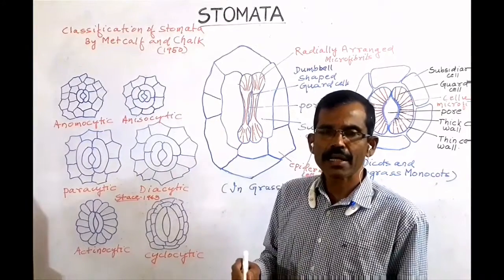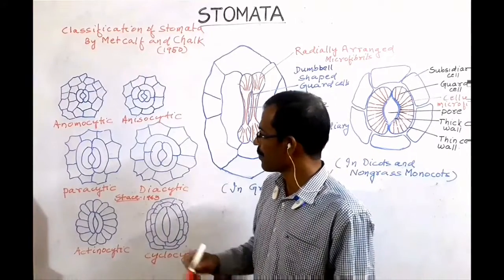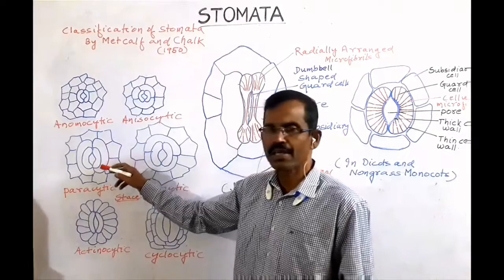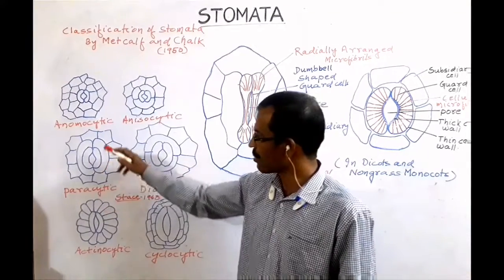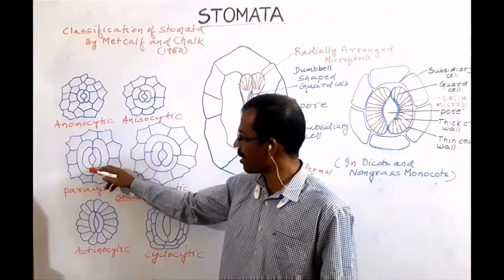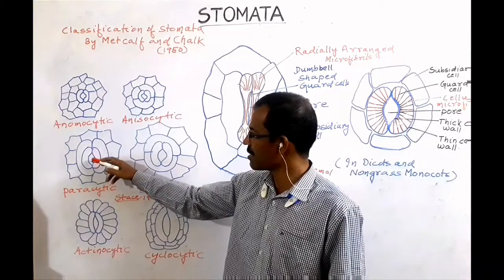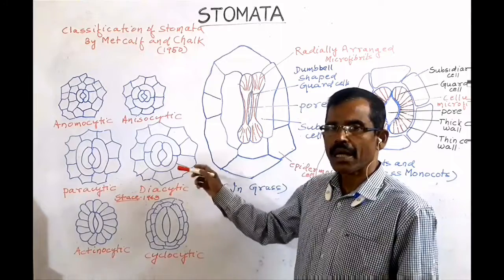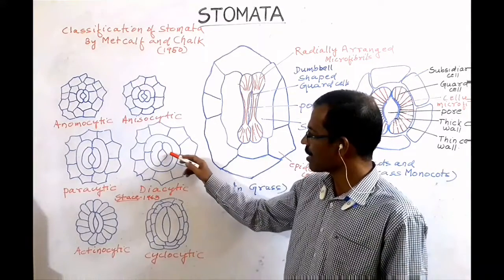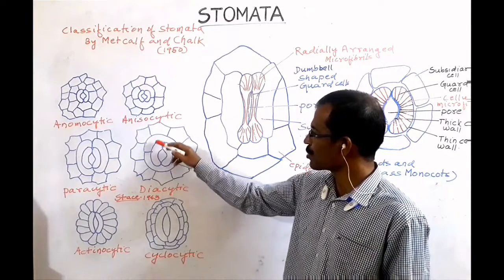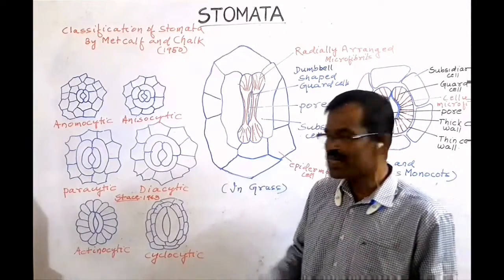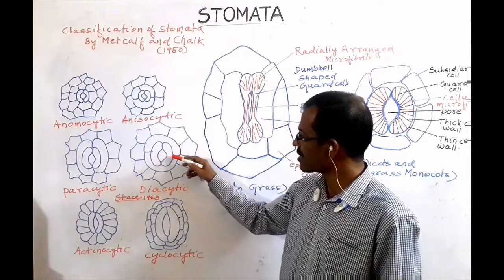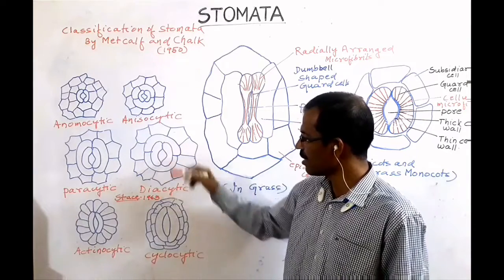In paracytic type of stomata, the guard cells are surrounded by one or more subsidiary cells, but the subsidiary cells lie parallel to the long axis of the pore and the guard cells. In diacytic type of stomata, the guard cells are surrounded by 2 subsidiary cells which are arranged at right angle to the long axis of the guard cells and the pore.